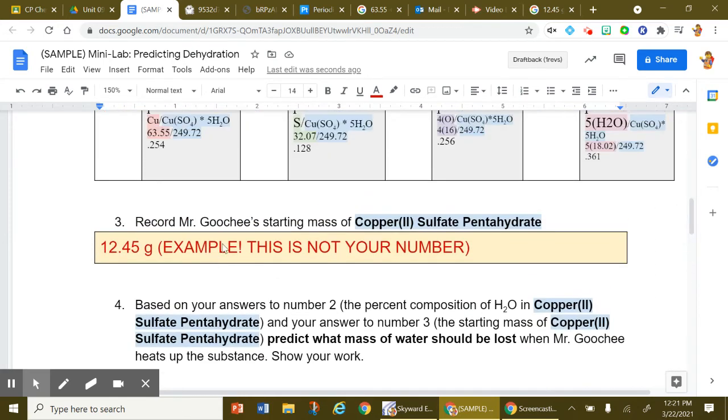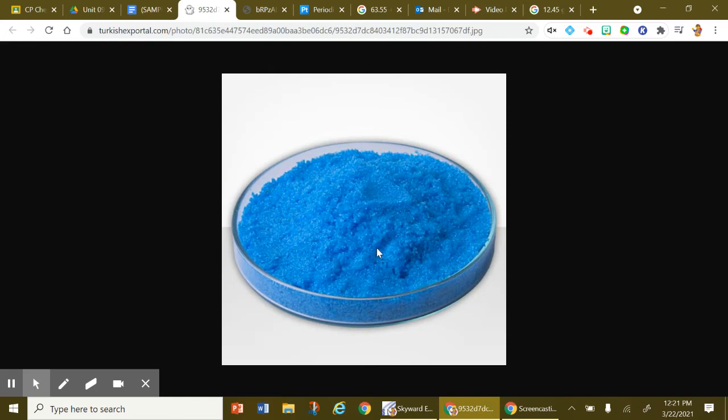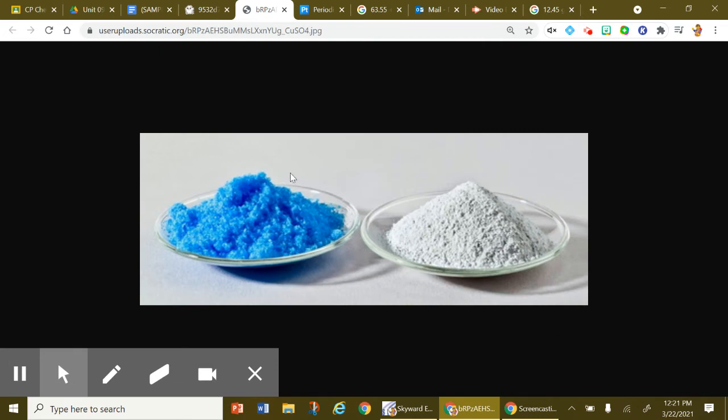Let's take a look. This is another example where we would take our sample of copper 2 sulfate pentahydrate. And by the way, here's what this stuff looks like. It looks like some bluish colored sand. Now, when you heat this stuff up over a Bunsen burner, and I managed to bring in a little flame source, it turns from this blue crystal to a white powder.